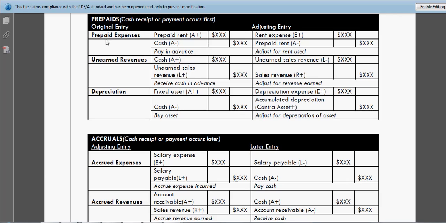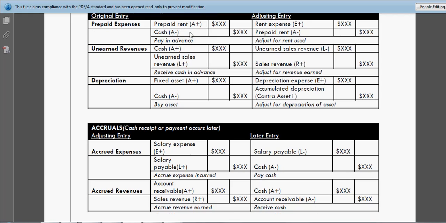If we had a prepaid expense, so we have prepaid rent and cash, the adjusting entry is when we actually use the rent. We'll adjust for the rent used. If we have unearned revenue, so if someone pays us cash and we haven't earned that cash yet, we're receiving cash in advance, that's the original entry.